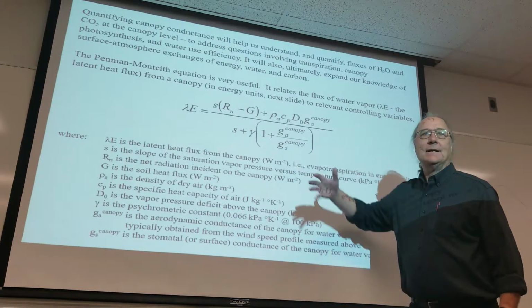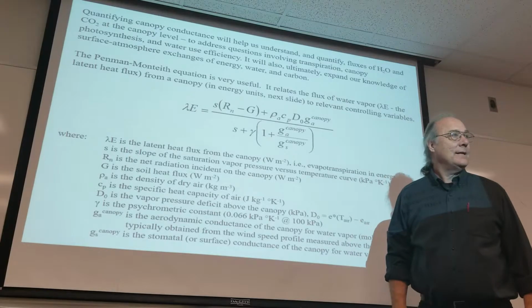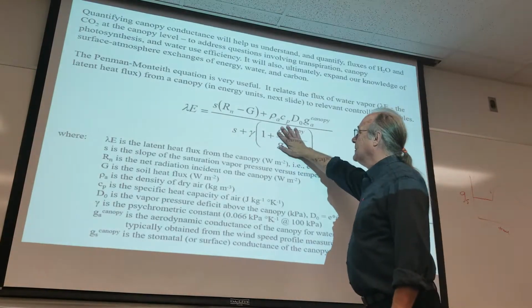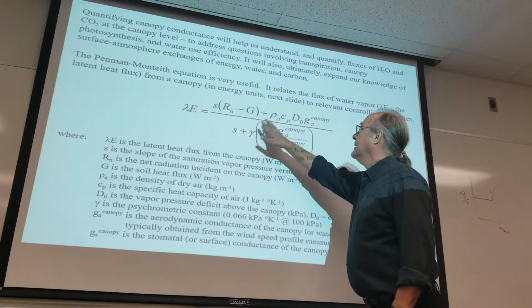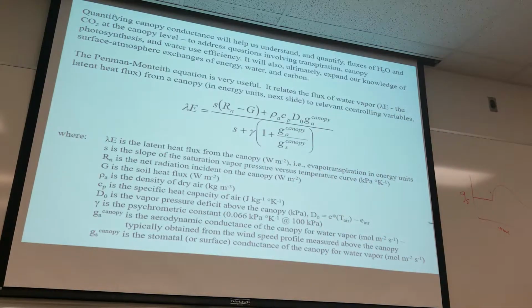If this canopy conductance were infinite, what would the latent heat flux be? This is infinity, this term goes away. Also, what's the limit as this goes to 0?